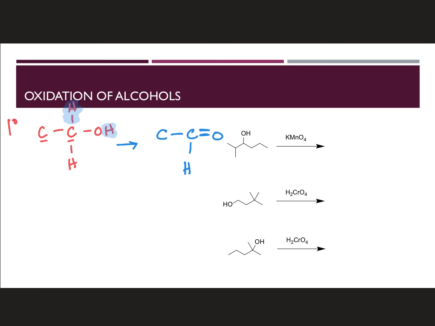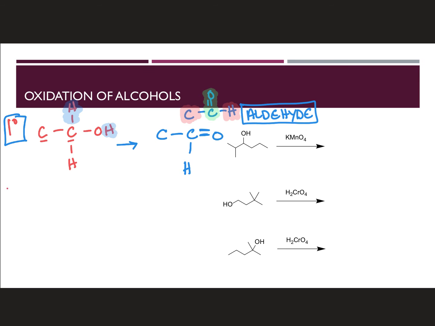So if I redraw this so it's kind of vertical here, if we think back to the functional groups that we learned earlier, we see that I have a carbon-oxygen double bond, which is that carbonyl. One side is a carbon. The other side is just a hydrogen. So this is an aldehyde. So primary alcohols, when oxidized, become aldehydes.